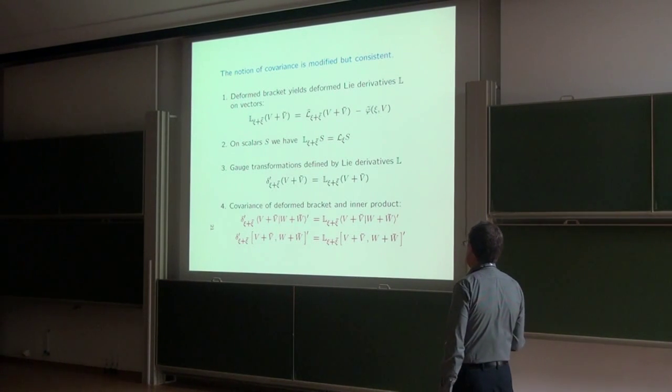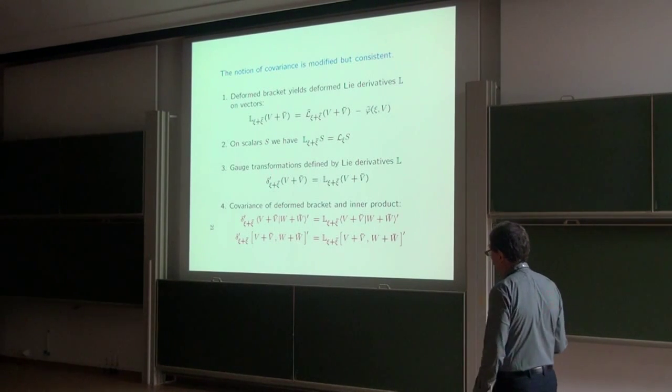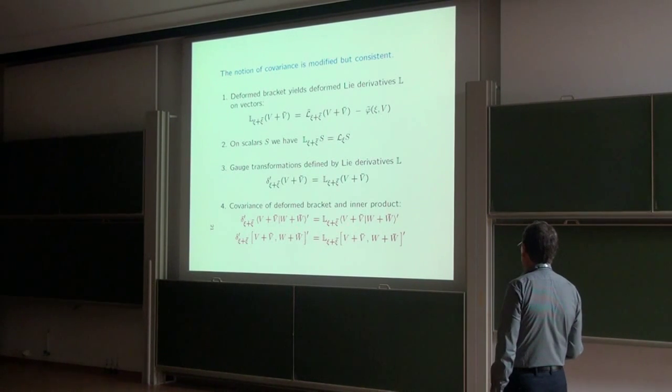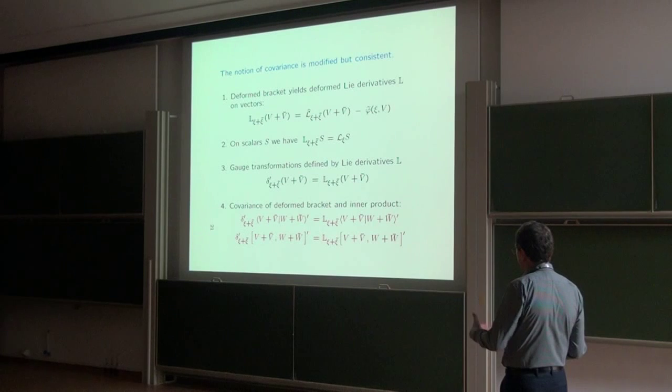The full Lie derivatives now are the generalized Lie derivatives plus something with the higher derivative terms. On scalars, the new derivatives are the same as the old ones, and gauge transformations must be defined with Lie derivatives. And finally, the objects we have, the deformed brackets and the deformed inner products, are consistent, are gauge covariant objects.